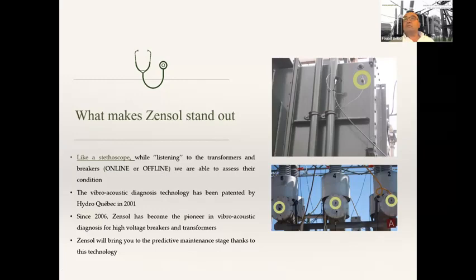So the effort today is to try to do maintenance of the high voltage breakers and the transformers when they are online, not offline, because the old maintenance programs used to put your transformers offline, your breakers offline, and you put all your cables.